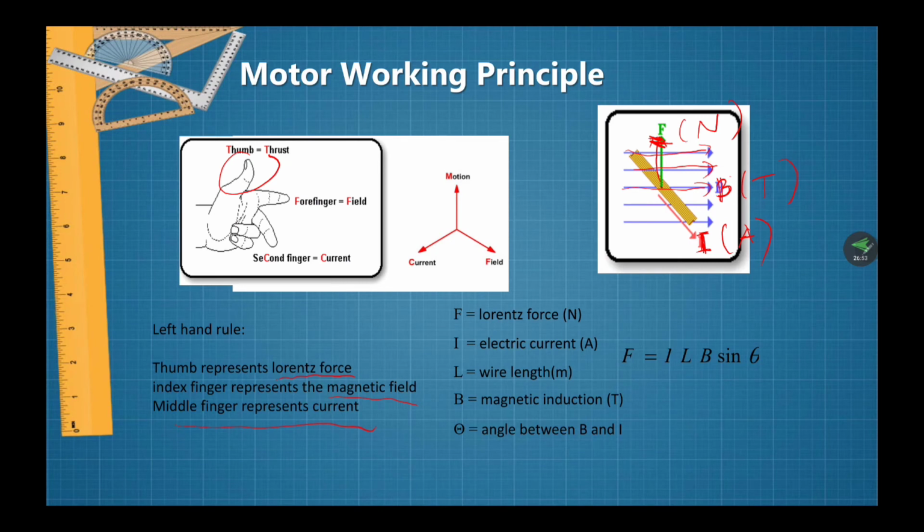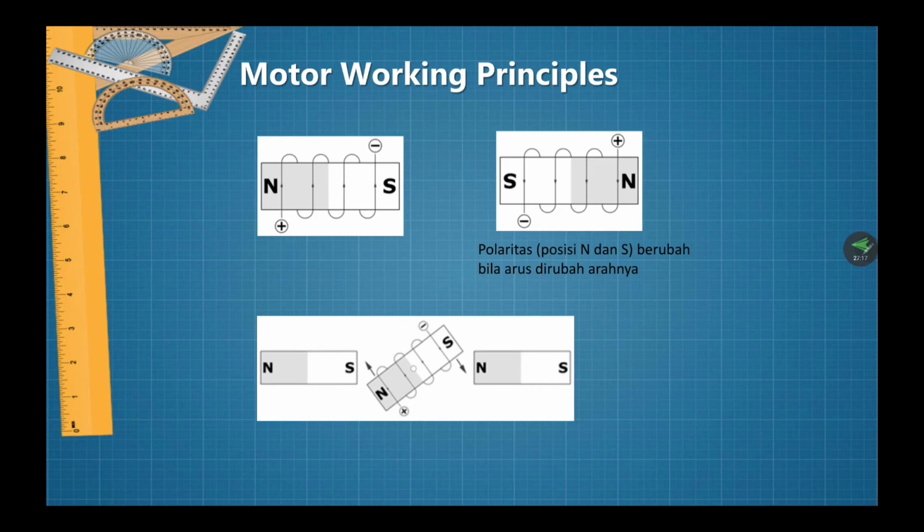So we get F equals I times L times B times sin theta, where L is the wire length and theta is the angle between B and I. And this is the motor working principle.